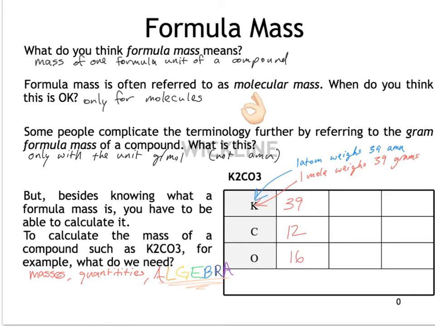And in this formula, I see 2 potassiums, 1 carbon, and 3 oxygens. So I'm going to multiply the masses by their quantities to get the contributed mass for each element. When you add them up, I think you get 138 grams per mole. Of course, you could also use AMU as your unit because I didn't specifically ask for a gram formula mass.